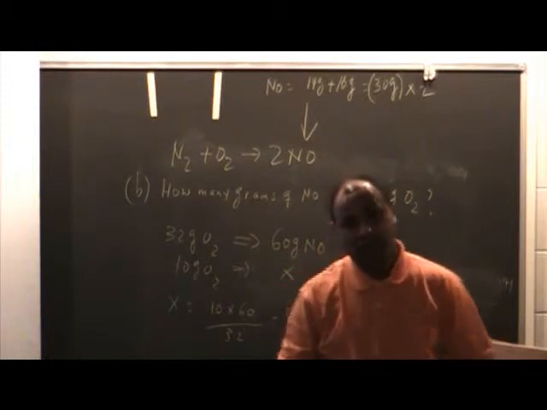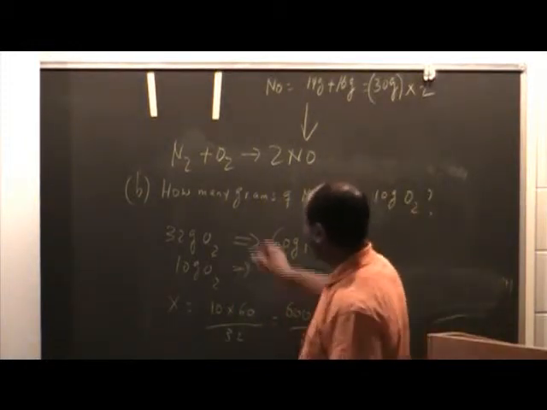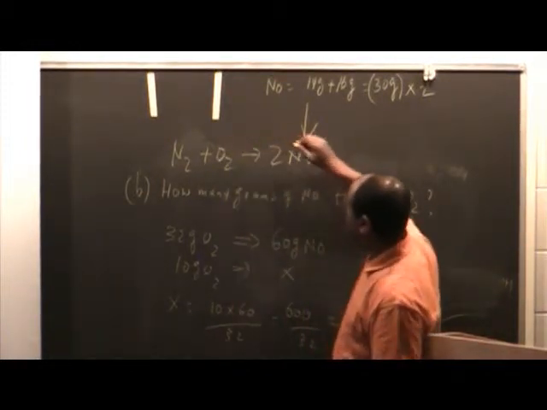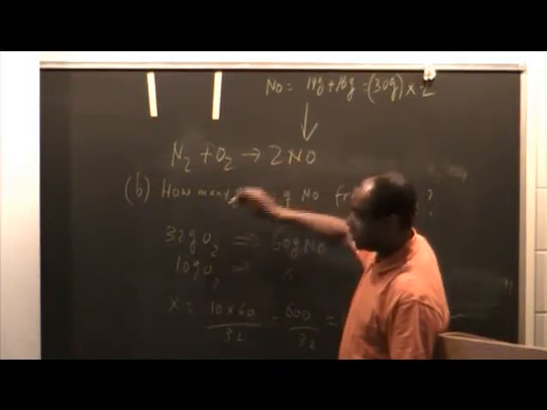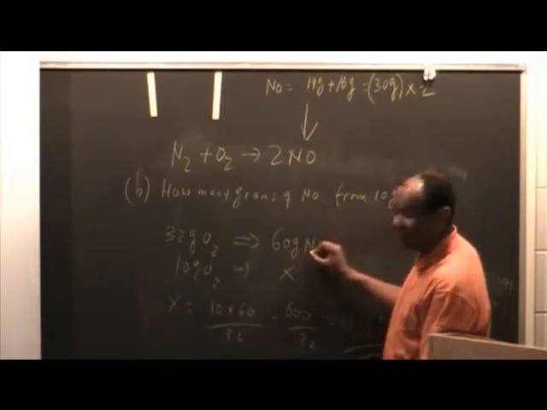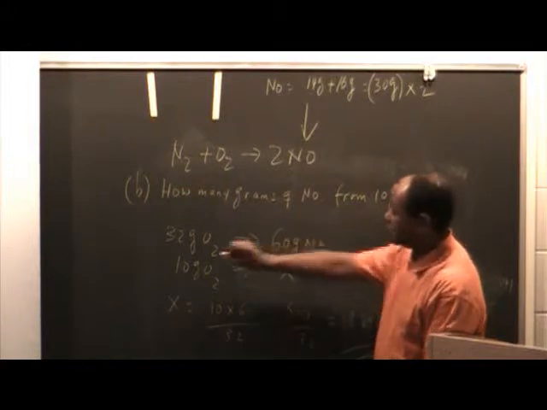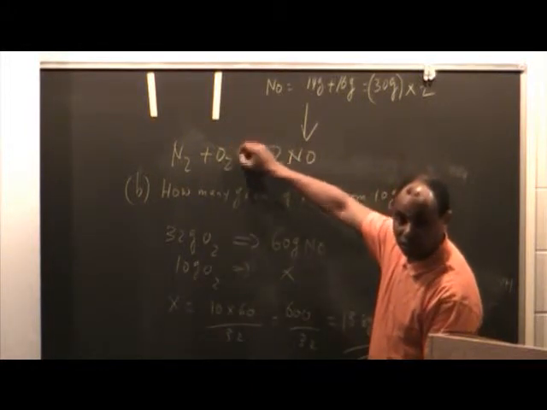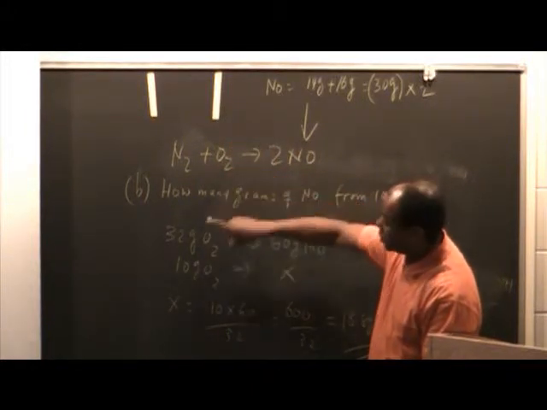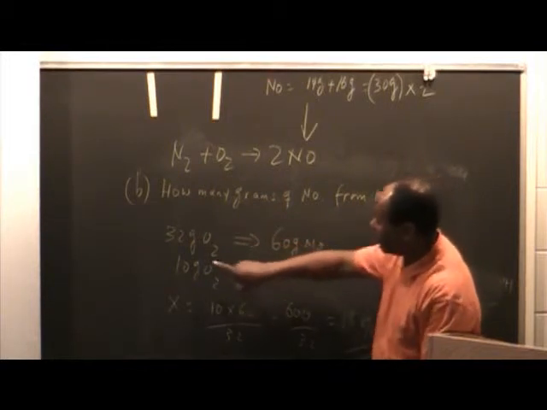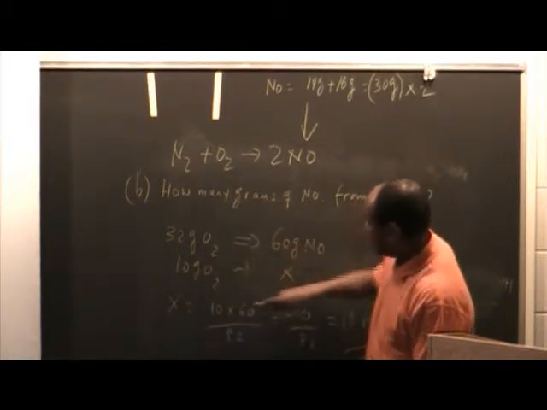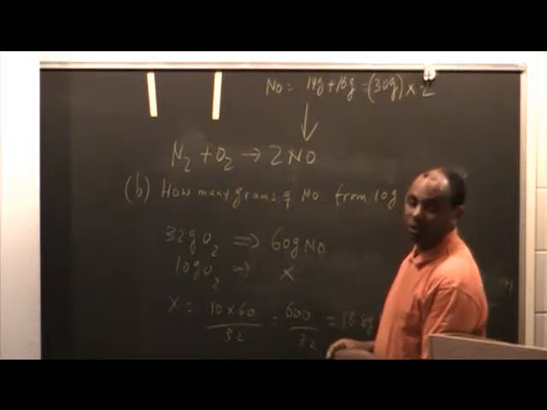And then I compare the amount of oxygen with the amount of nitrogen monoxide, which is 32 grams compared with 60 grams. 32 grams because oxygen is O2, you have 2 oxygen, remember. So 32 grams with 60. If I have 10 grams of oxygen, how many grams of NO would I get?